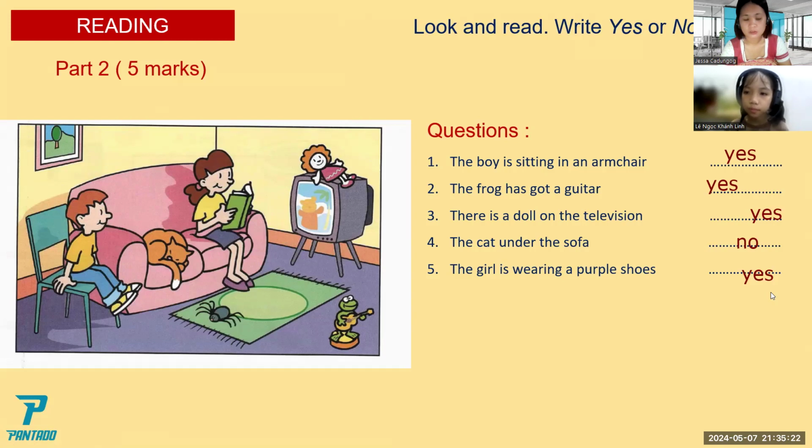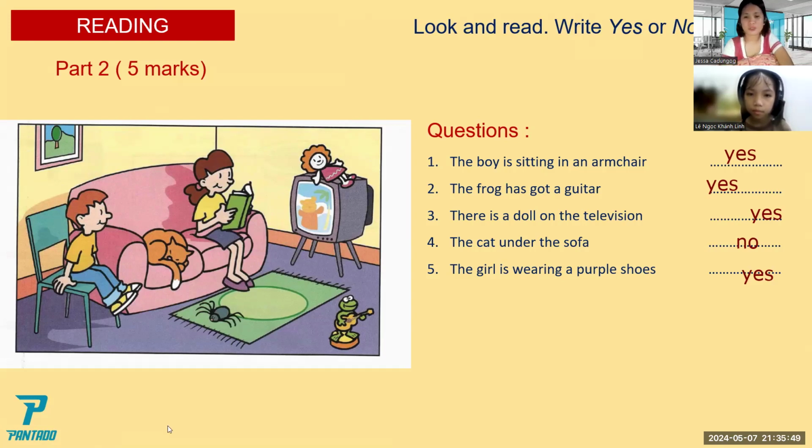Yes. Next. 3. There is a doll on the television. The cat under the sofa. No. Next. The girl is wearing a purple shirt. Okay, the answer is yes.